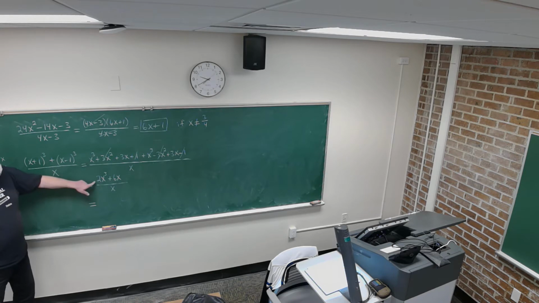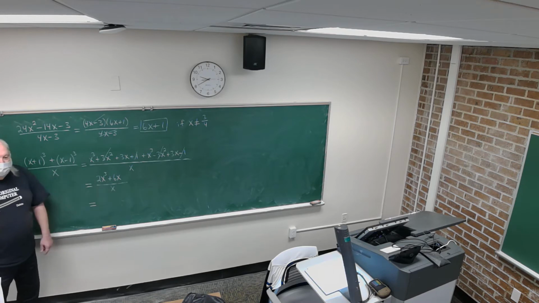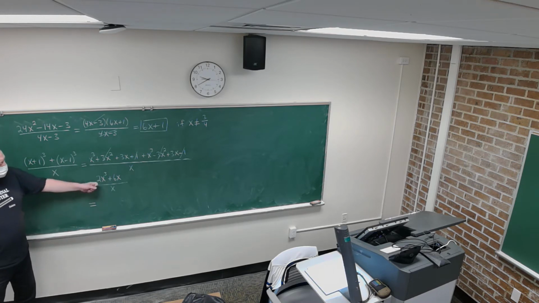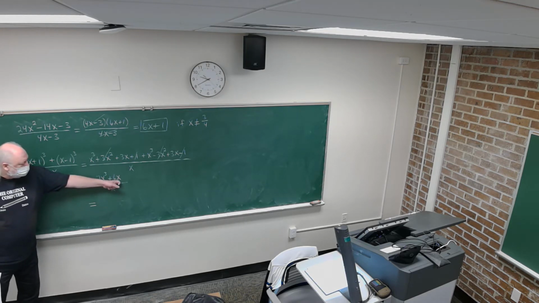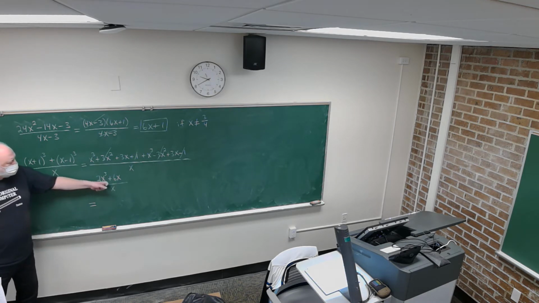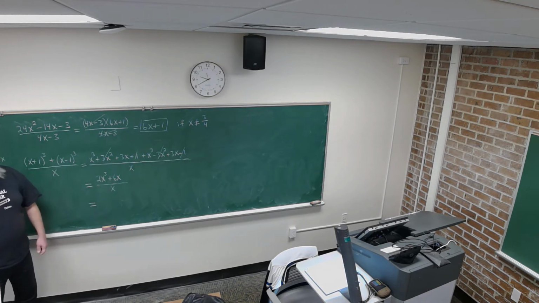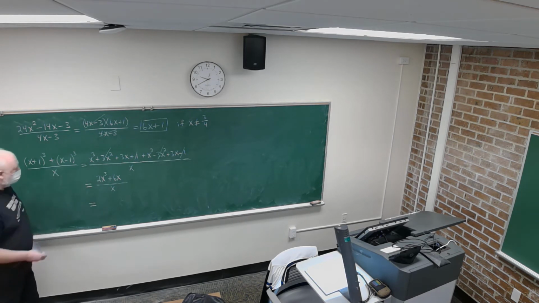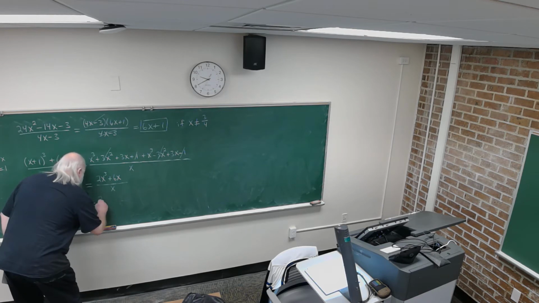So we can continue to simplify. In the numerator, we have a sum of two terms. Each term includes the variable x. So we can factor out an x, okay? The lowest power of x is x to the first, so we can factor out an x. The coefficients 2 and 6 are both divisible by 2, so we can factor out a 2. So we can factor out a 2 times x.